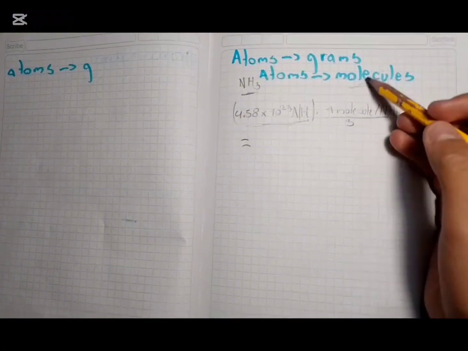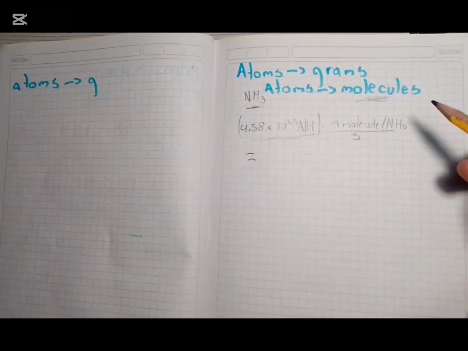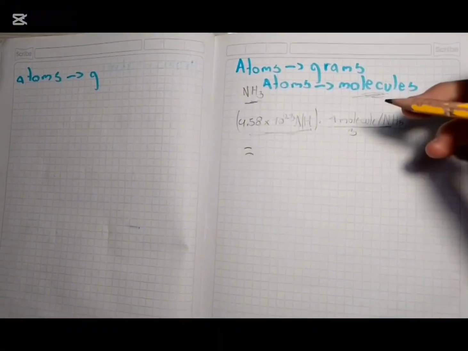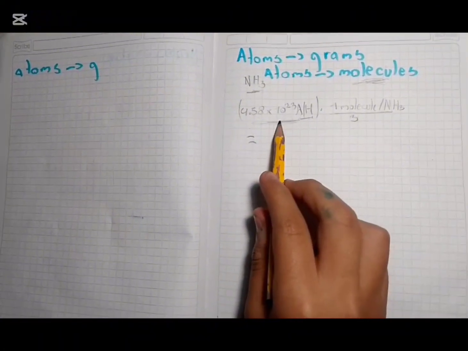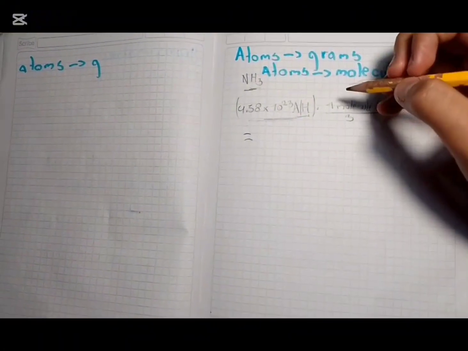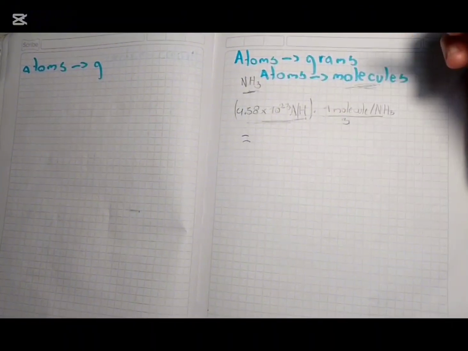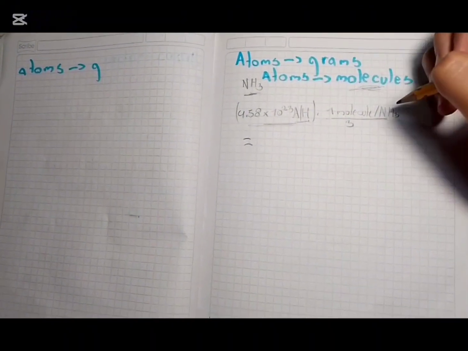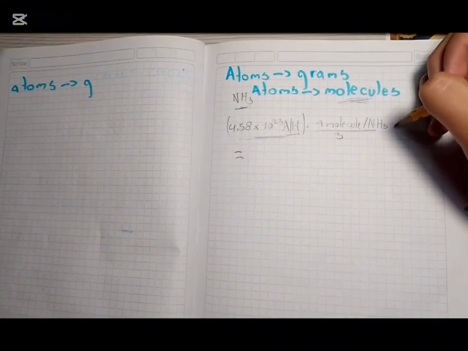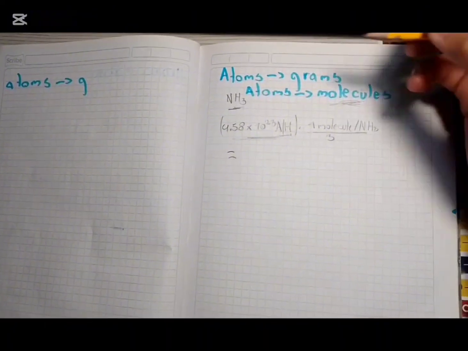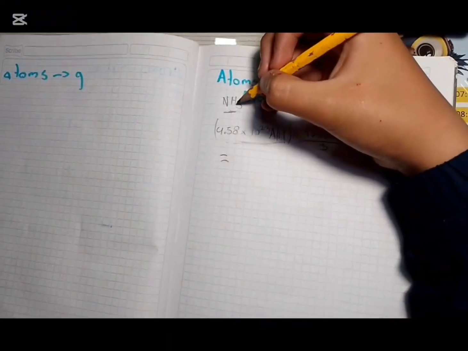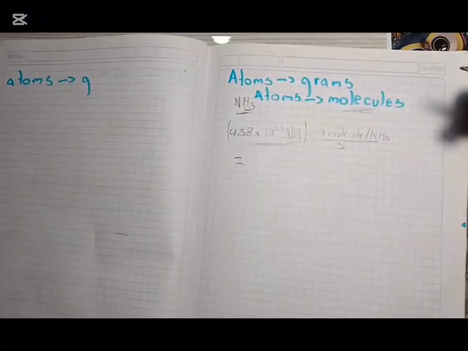And I need molecules. I multiply these atoms of hydrogen by 1 molecule of NH3 divided by 3. Why 3? Because I have 3 hydrogens, okay?